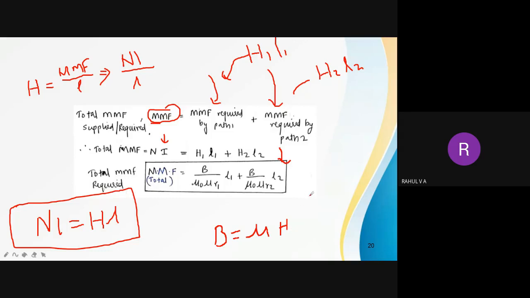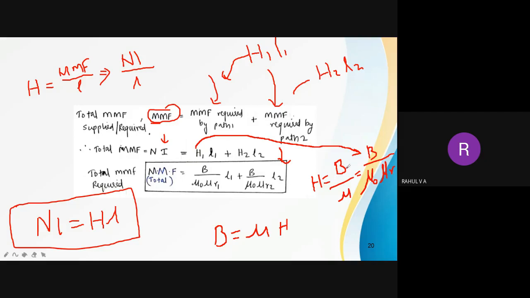So from this equation, I can write H is equal to B divided by mu, or H is equal to B divided by mu 0 mu R. Flux density and flux are the same through the material.